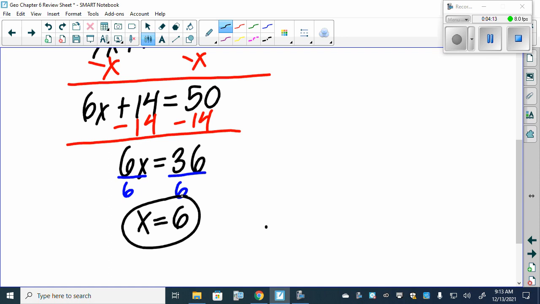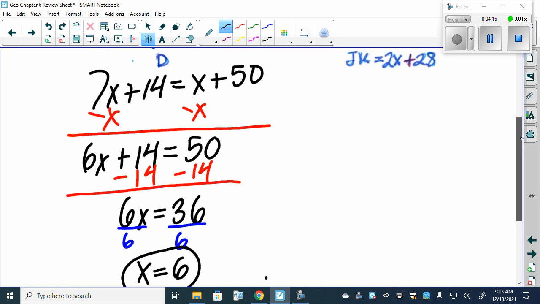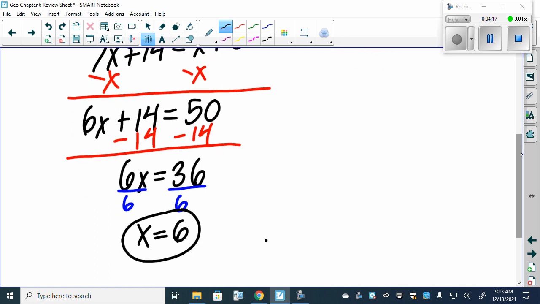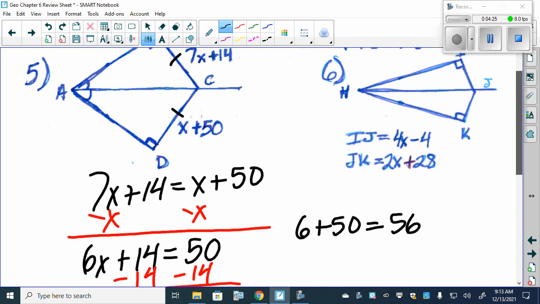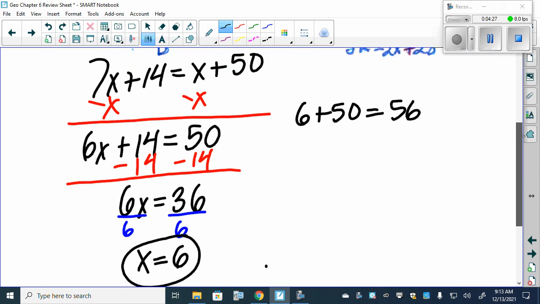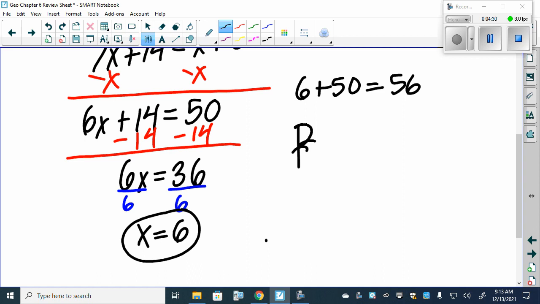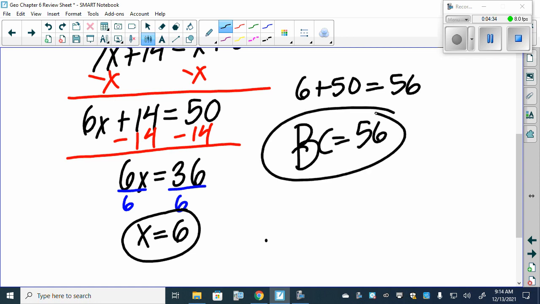Now again, it asks for an indicated length, so we'll have to plug it back in. So we can use 6 plus 50 is 56. So BC equals 56.